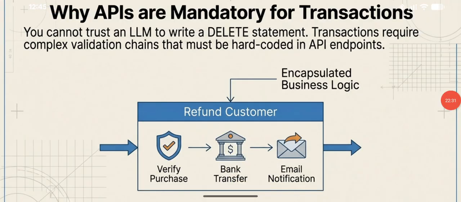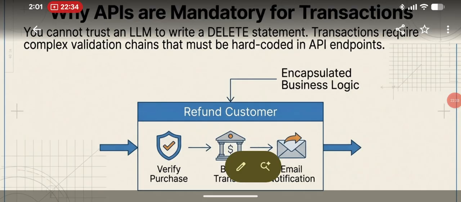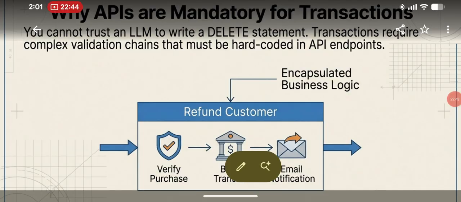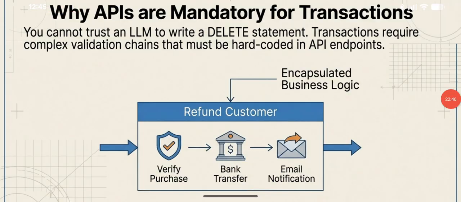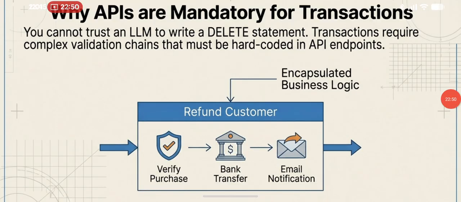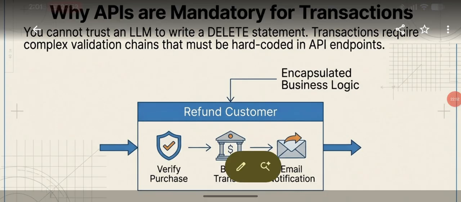So why do we need APIs? We cannot trust the LLM to delete a test statement. There are relationships, and certain verification needs to be done before a delete, and based on the solution, whether it's a hard delete or a soft delete, some other actions need to be done.